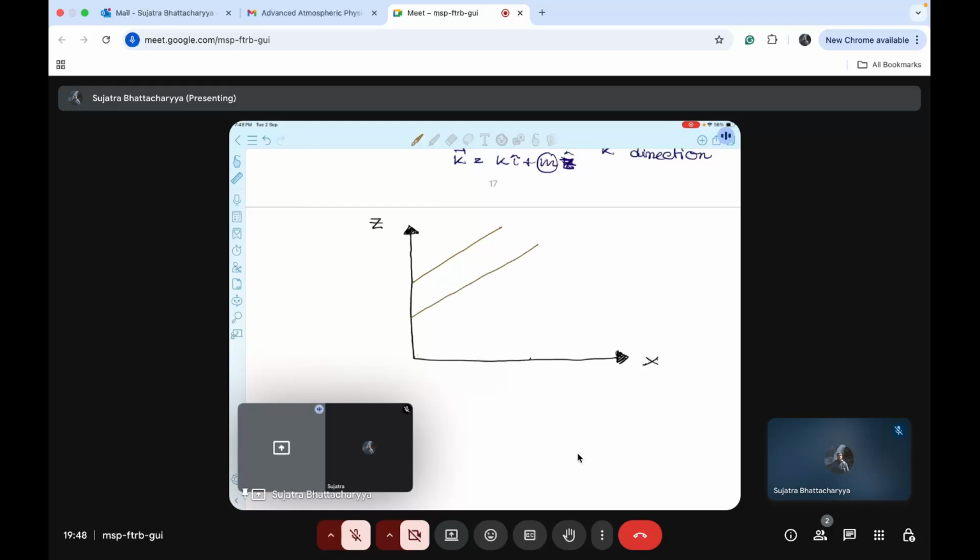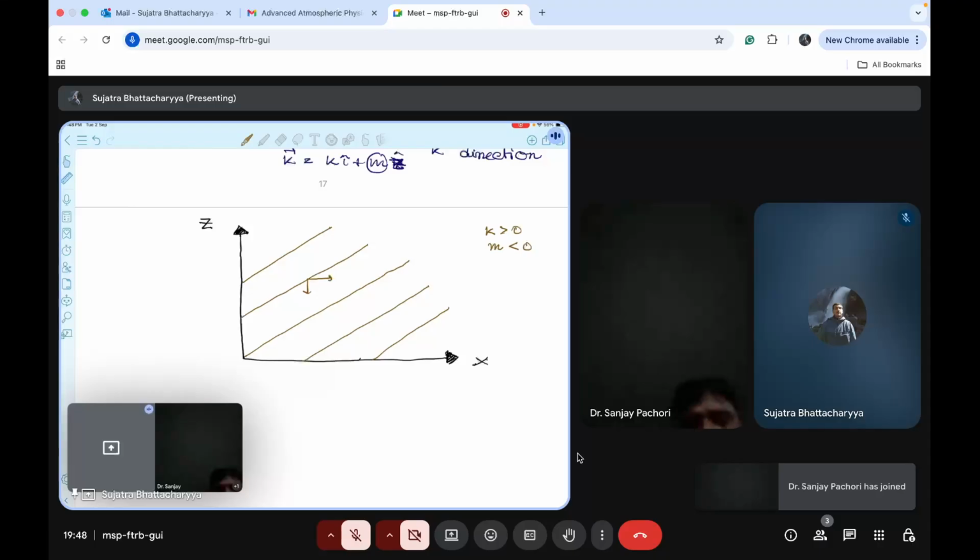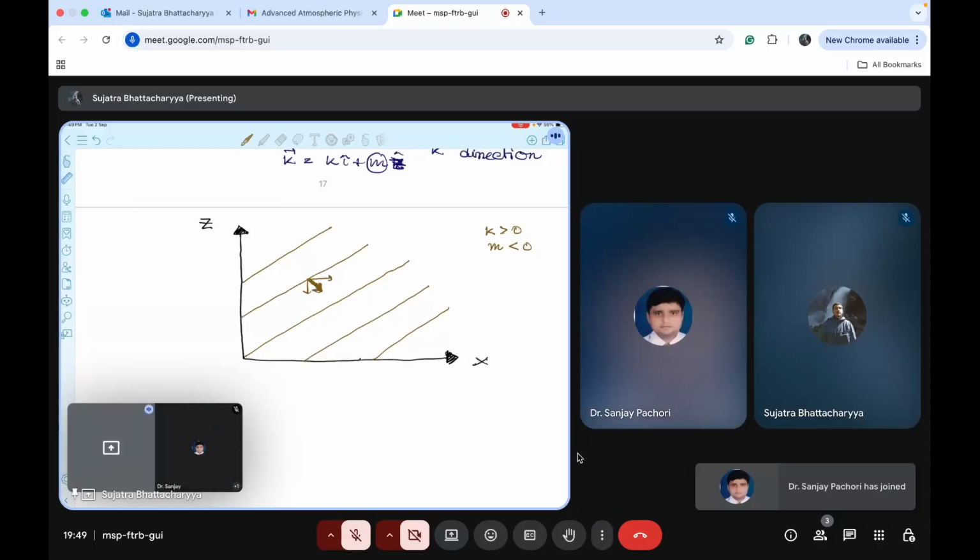These are the different phases. What you can see is k is greater than 0 and m is less than 0. So m, which is the z direction, is negative, and k is positive. So the wave propagation will be happening in this direction.